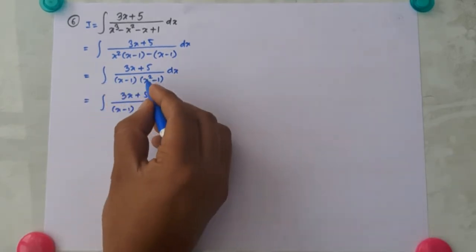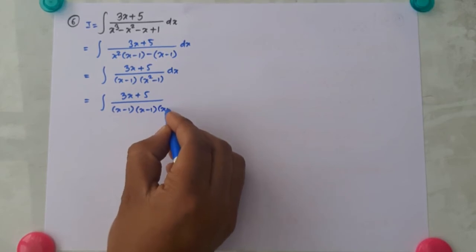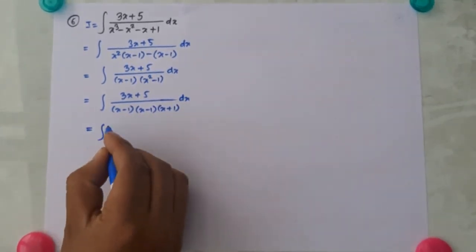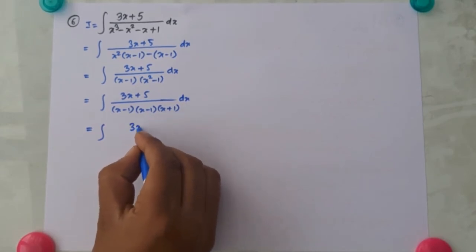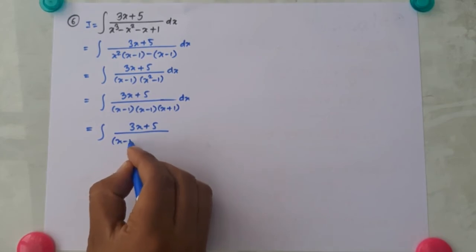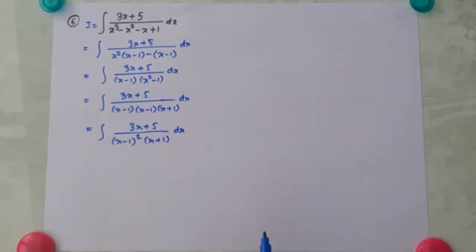Now see here carefully, this x square minus 1 can be written as x minus 1 into x plus 1, isn't it? Yes. Now x minus 1 into x minus 1 is x minus 1 whole square into x plus 1 dx, right?